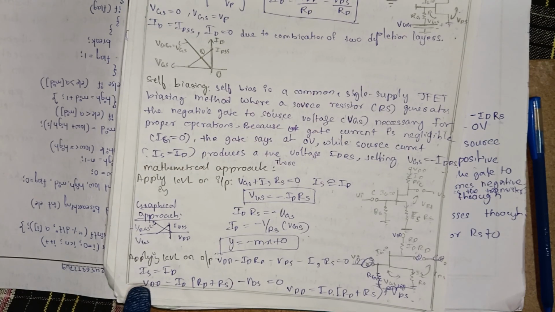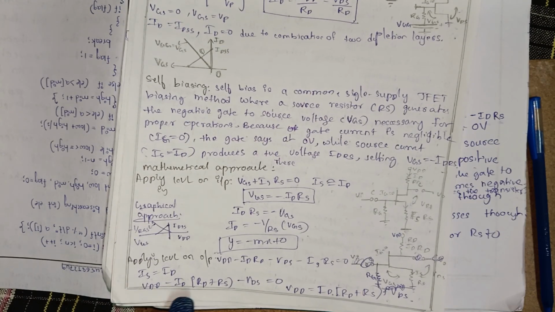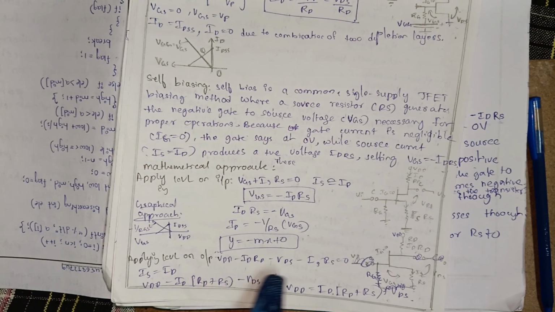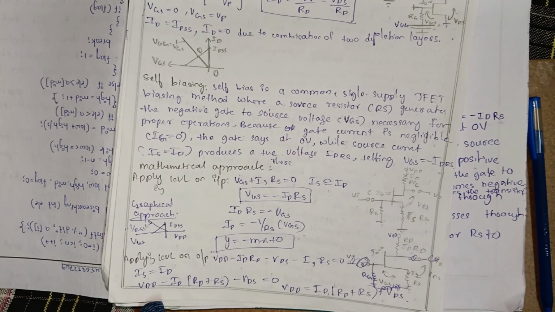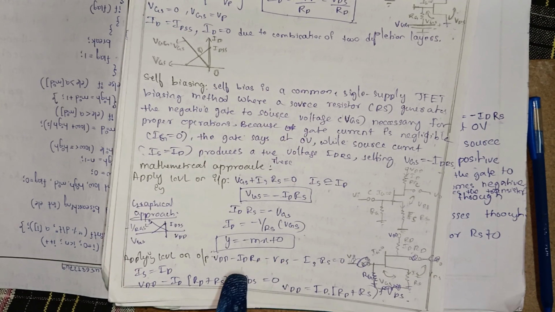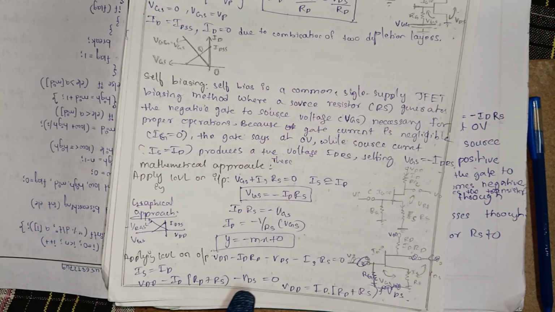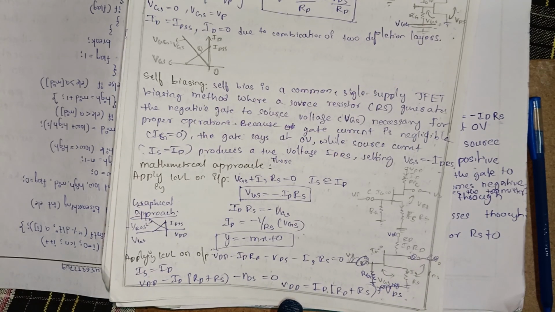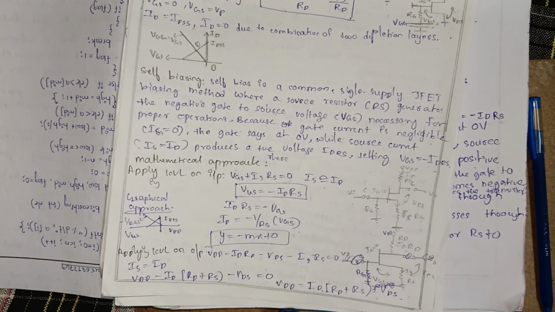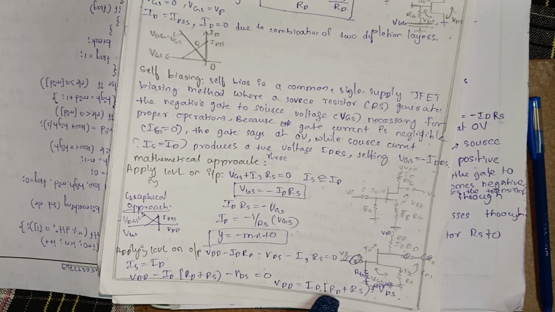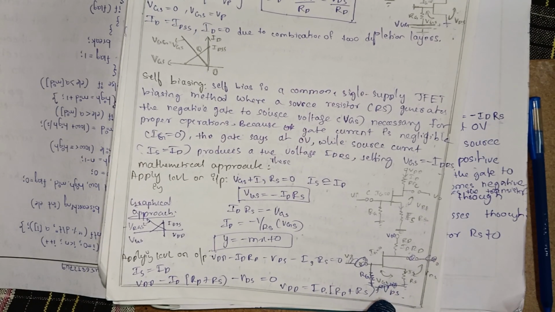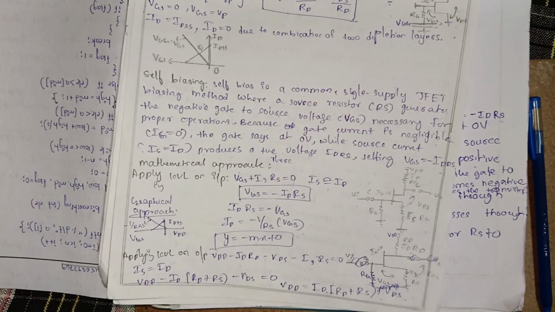We already know IS is equal to ID, so VDD minus ID into, here we are replacing IS with ID, we take RD and RS common, minus VDS is equal to 0. We got the equation VDD is equal to ID of RD plus RS plus VDS.